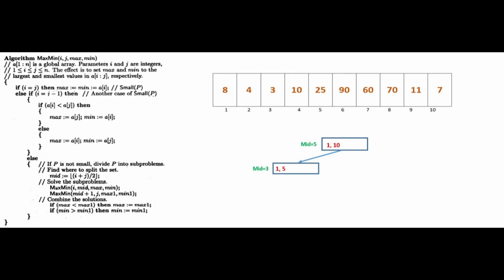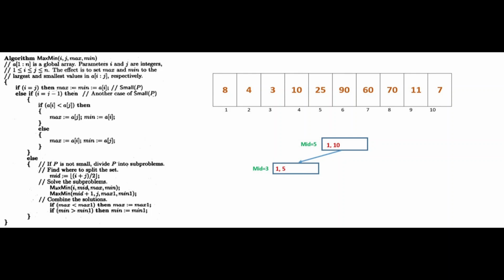There are 3 values related to this algorithm. Second function, this function: i is equal to 1, j is equal to 5, and the mid value of this algorithm is 3. That is represented in the first left subtree, first left node.